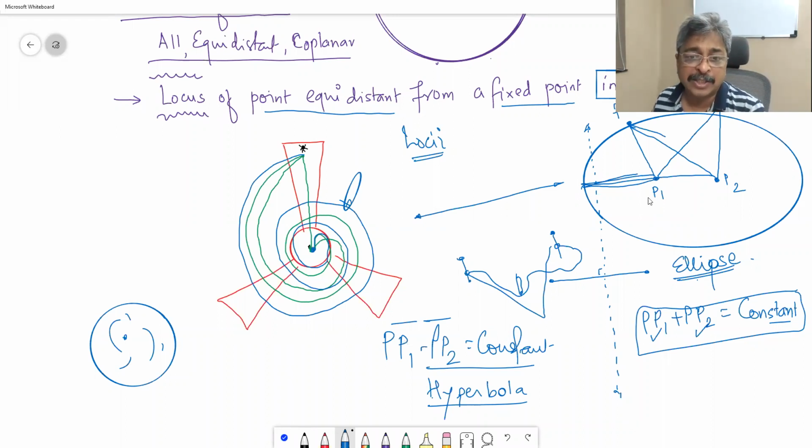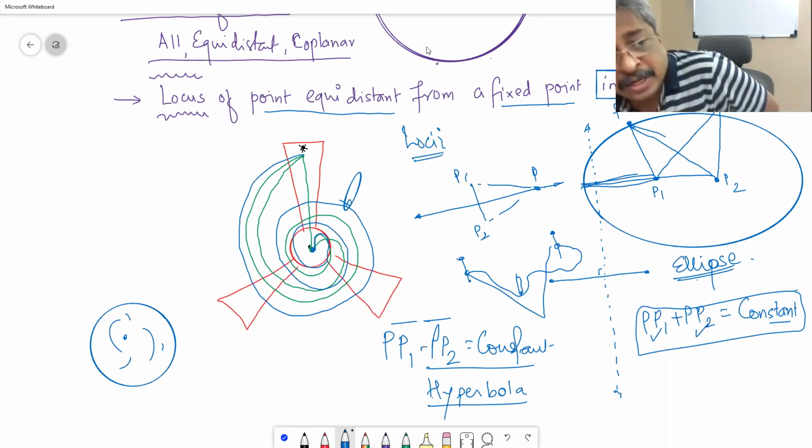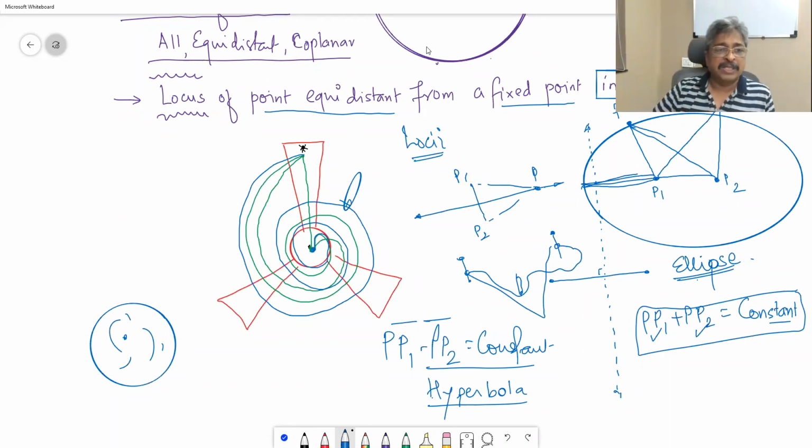In the case of a perpendicular bisector, the distance of any point P from P1 is exactly the same as that from P2. That is constant. So PP1 is equal to PP2. That is the geometric condition. The geometric condition is going to help us find the algebraic expression, and that is what we will try to do now.